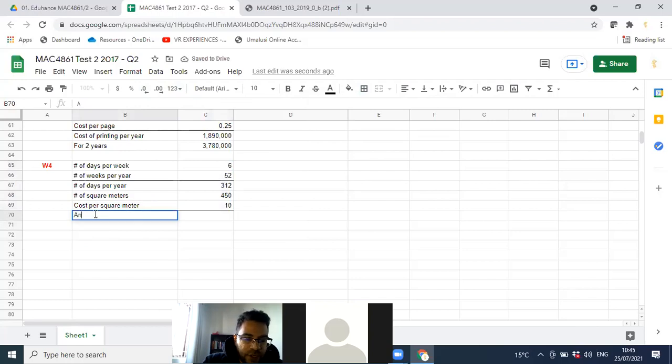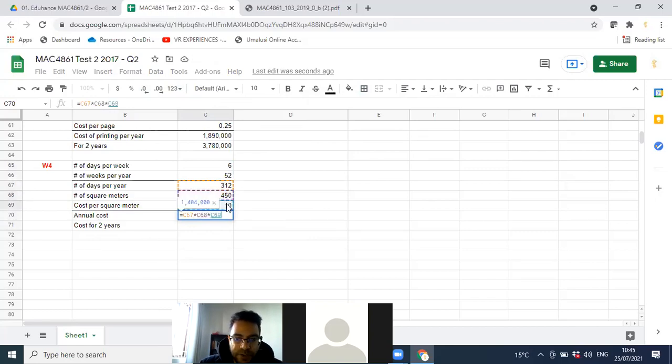So here's going to be annual cost. Then we just want costs for 2 years. So annual cost is going to be days per year multiplied by number of square meters multiplied by the cost, and then that's going to equal times 2.